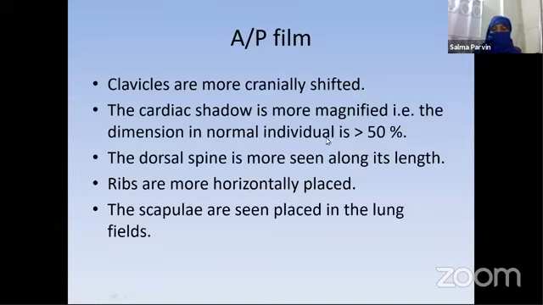So the cardiac magnification is a normal phenomenon. Even in a normal individual, a magnification of the cardiac dimension takes place, and the dimension is more than 50% in an AP film.